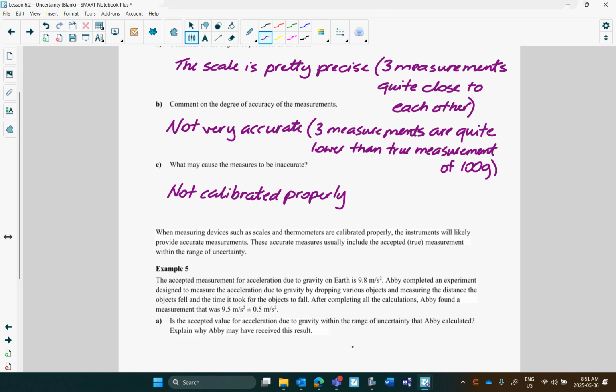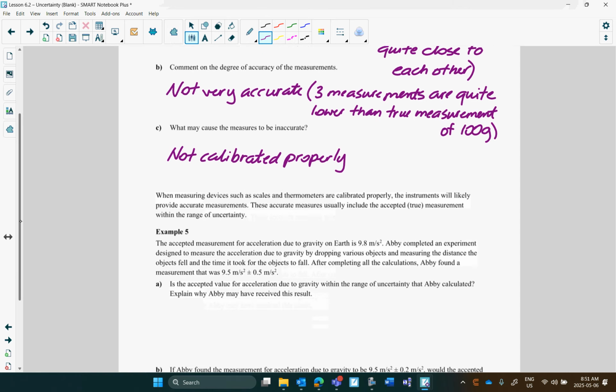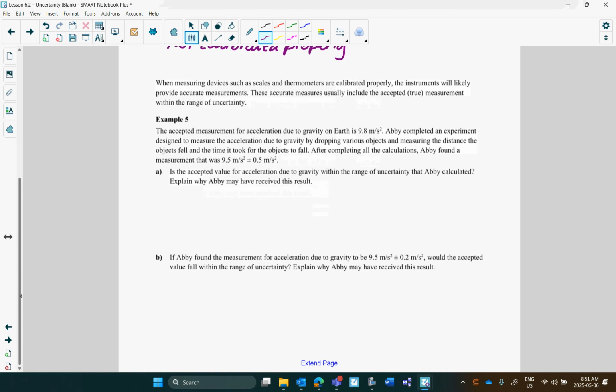Okay. And the final example, science, physics. The accepted measurement for acceleration due to gravity on Earth is 9.8 meters per second squared.